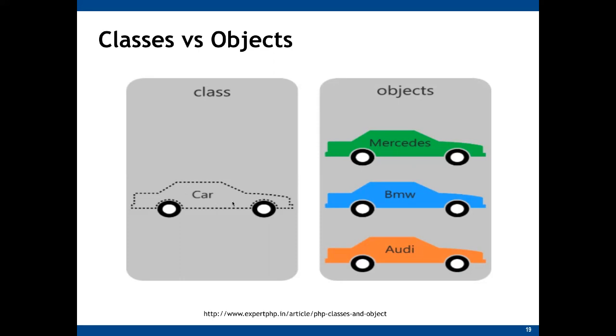It does not have any values or data. And an object is an instance of the class. So it is created based on the class template. And because it is a concrete thing, it has values and data. So that is the relationship between class and objects and the differences between class and objects.